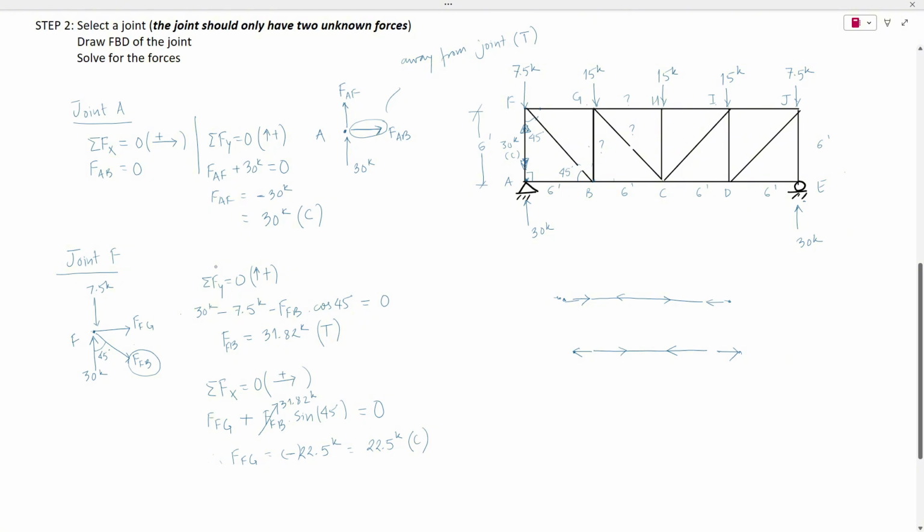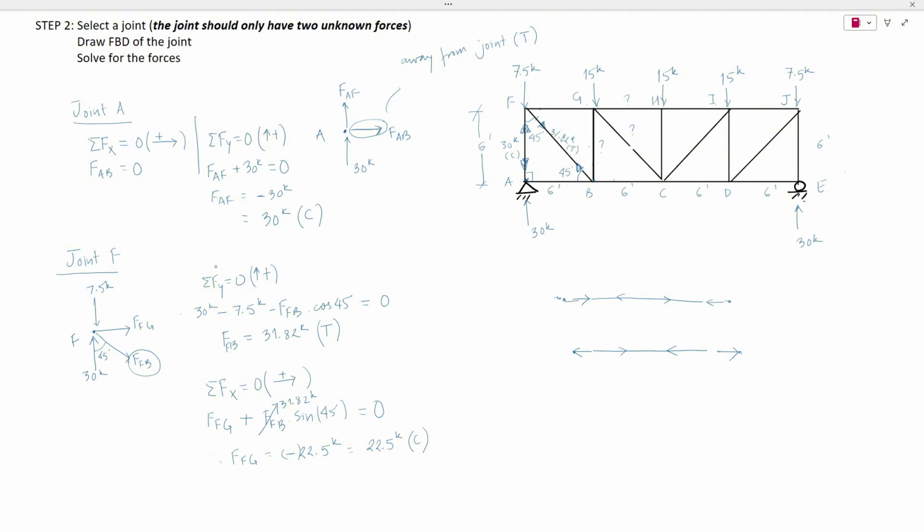So let's draw that here as well. FB is in tension, that means away from the joint, right? And the value is 31.82 kips in tension.